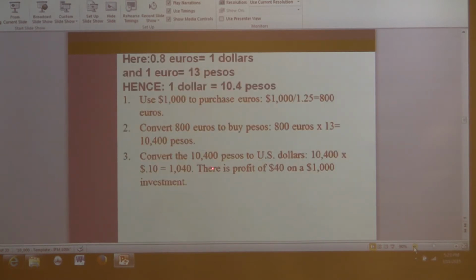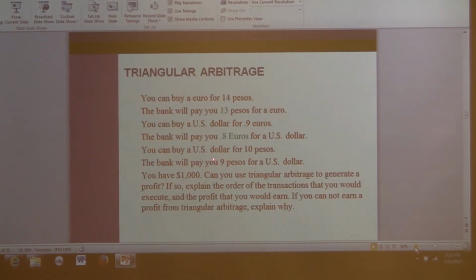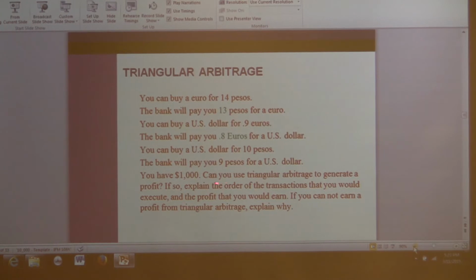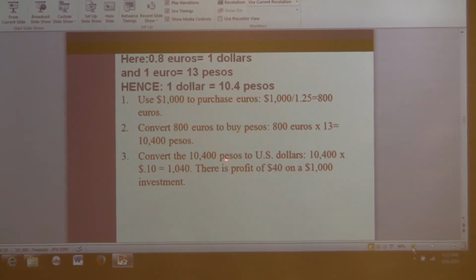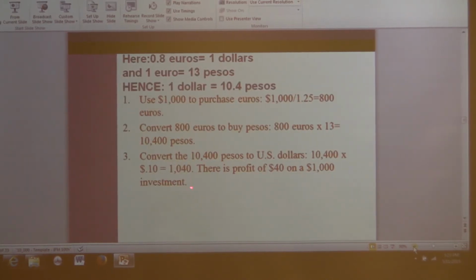So if you have euros to sell, and in pesos, this tells you that is 10,400, okay? And finally, you convert the pesos into US dollar, and in this case, it tells you that you can buy a US dollar for 10 pesos, and the bank will pay you 9 pesos per US dollar, okay? You end up with 1,040.